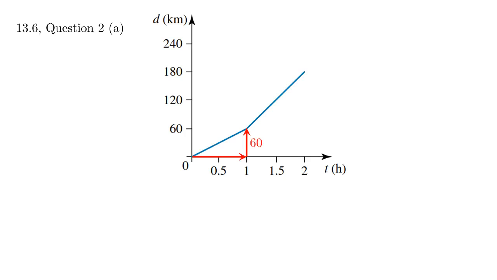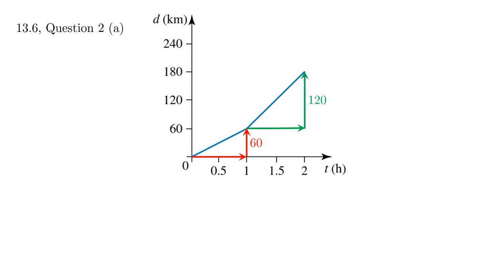Then in the second hour, it manages to travel 120 kilometers. Again, the gradient is the same as speed, and you can see why here, because for the red part of the journey, it manages to travel 60 kilometers per hour, but in the green part of the journey, it travels at 120 kilometers per hour.